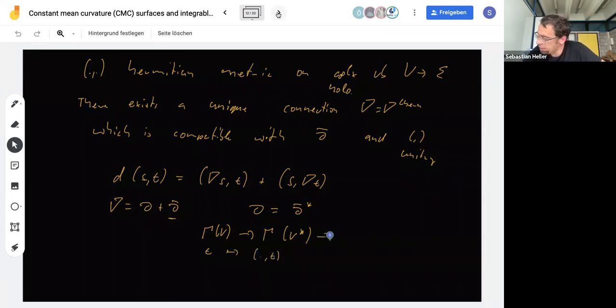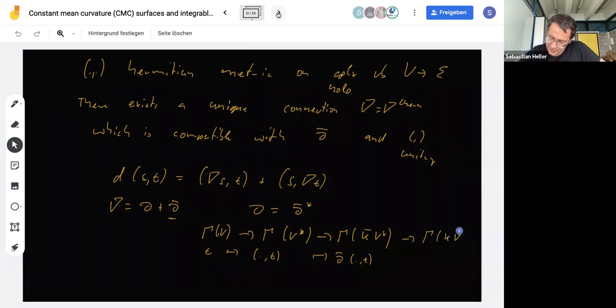When we take the induced del bar operator, it gives us a section in K bar, the dual, by taking the del bar of this section, and then we again apply the Hermitian metric to a one form with values in the bundle, and this is a complex antilinear map.